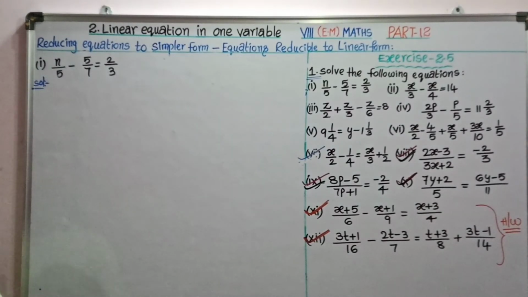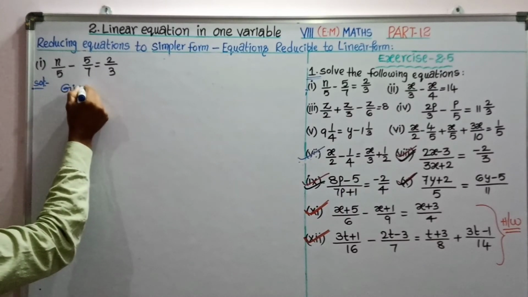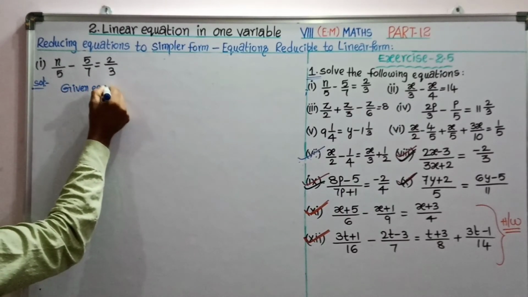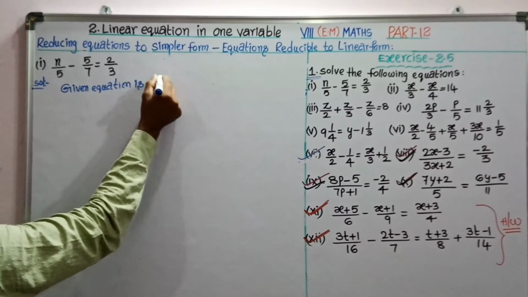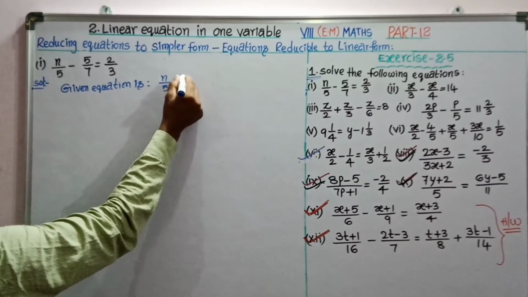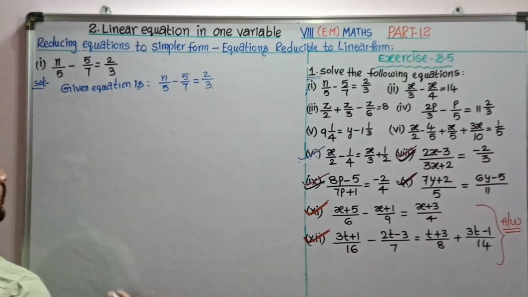Okay, first question, n by 5 minus 5 by 7 equal 2 by 3. Given equation is n by 5 minus 5 by 7 which is equal 2 by 3.